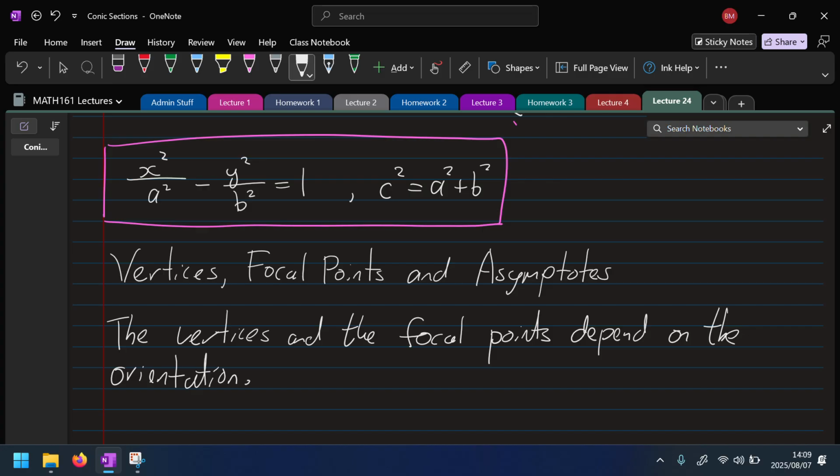We saw a bit of that when we looked at the parabola. If the parabola was facing up, you had the focal points at the top. If the parabola was facing down, the focal point was at the bottom. And if it was facing left or right, the focal points would change as well.